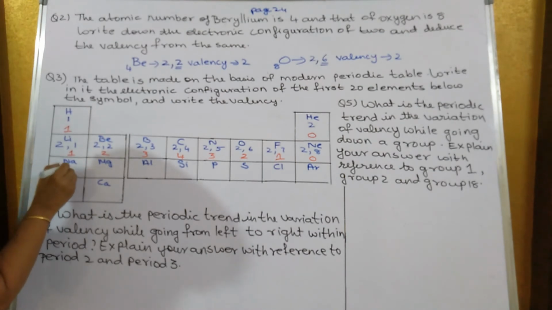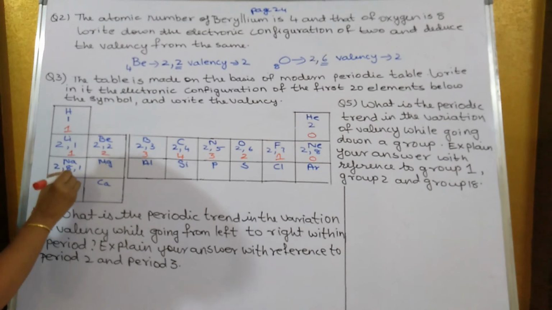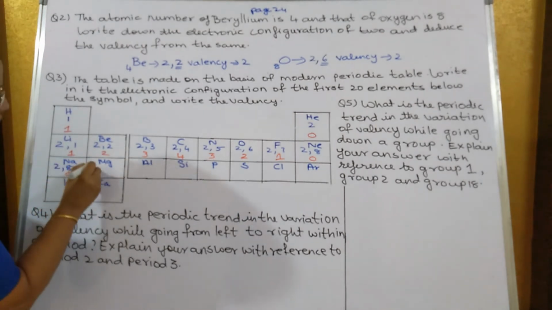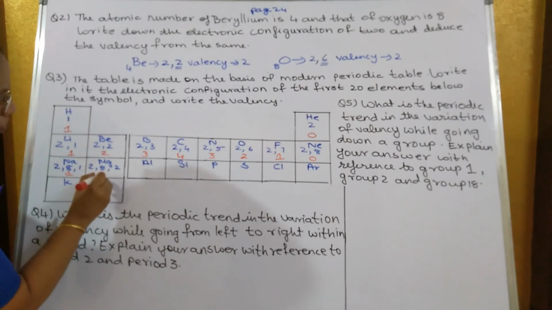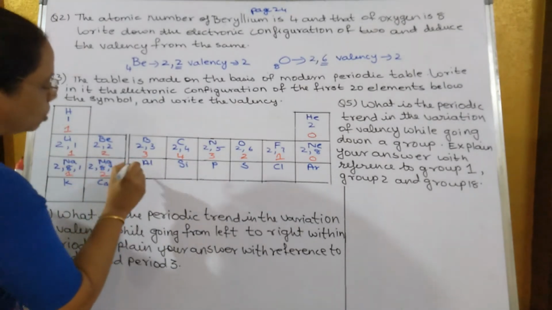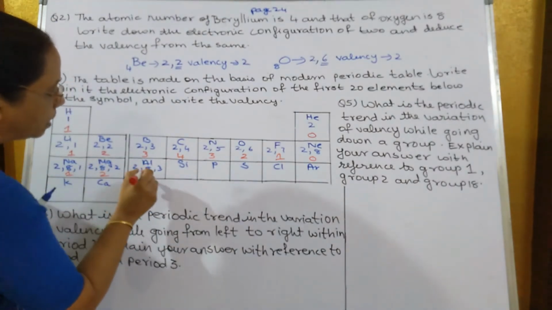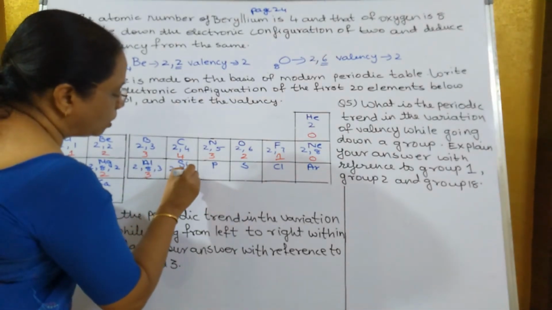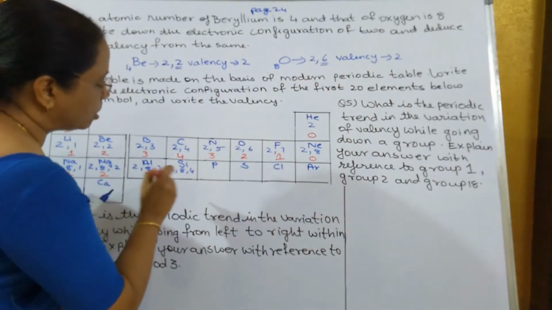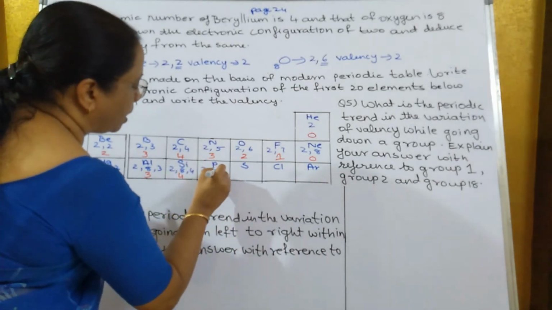Next one, sodium. 2, 8, 1. So what will be the valency over here? 1. Next one, 2, 8, 2. Valency is 2. Next one, 2, 8, 3. Valency is 3. Next one, 2, 8, 4. Valency is 4. Next one, 2, 8, 5.